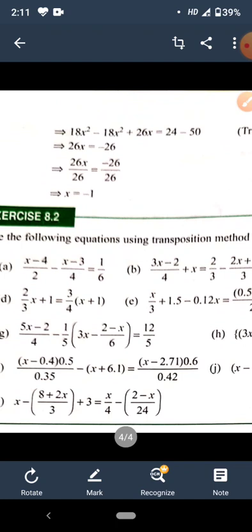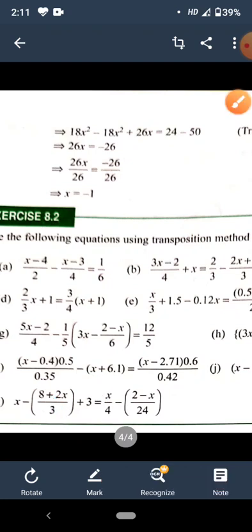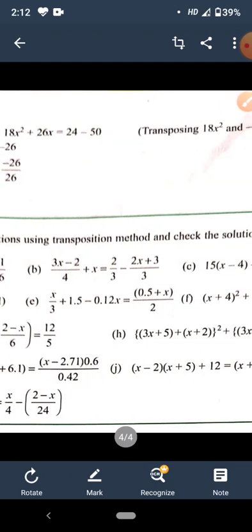So don't get scared of the decimal, no problem is there. Same scenario is there, take 1. If nothing is there, take 1 in the denominator. Take LCM, and the simplification rules are the same as in other questions. So whenever there is a sign of bracket, firstly try to solve the bracket, then take the LCM.